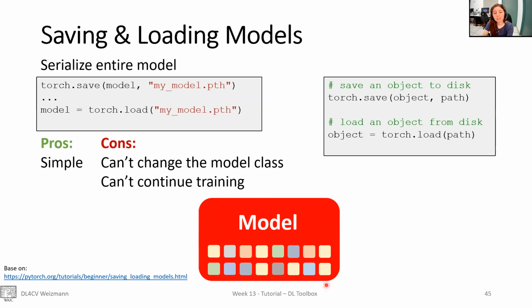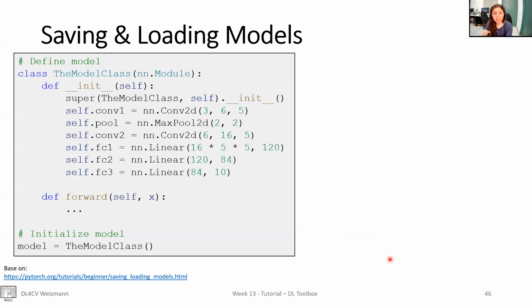So given a model and given its weights or its state, given the parameters within it that change during training, instead of saving the entire model, we save the state dictionary of the model. Just to make sure we all understand what a state dictionary is: given some class with some parameters, with some layers, we initialize an instance of this class.